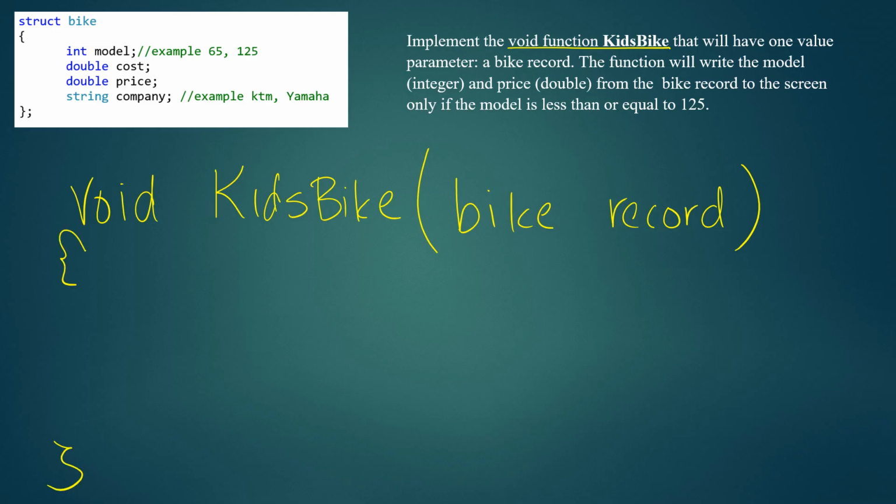That means the precondition for this is that there must be a bike record, and that bike record must have information in it. All right, so what are we going to do with this? We're not going to read anything in because we take our bike record. We're going to write the model and the price from a bike record only if the model is less than or equal to 125.